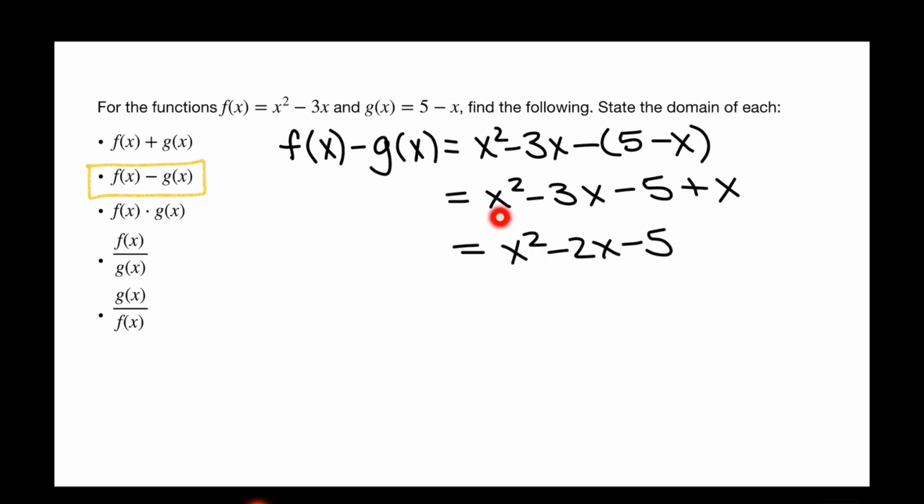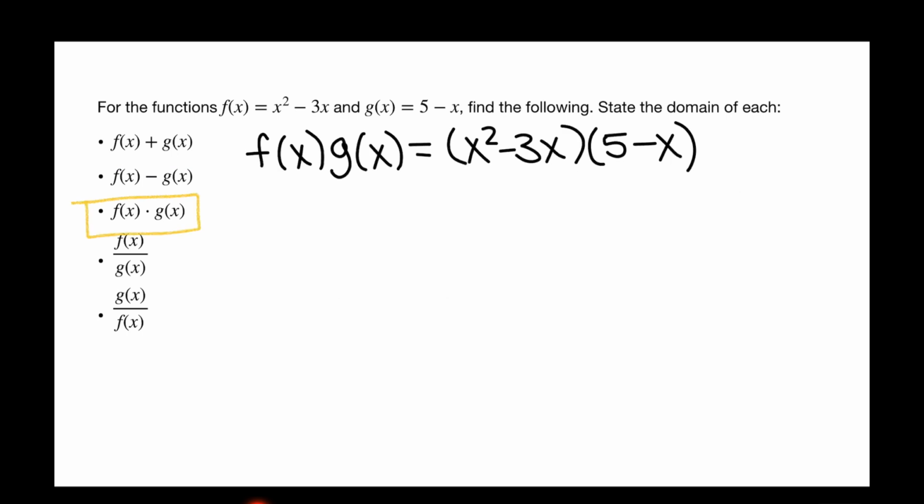So this becomes x squared minus 3x minus 5 plus x. Then we can combine like terms to get our final answer, x squared minus 2x minus 5. Once again, we now have a polynomial, technically a quadratic function, something with an x squared. It has a domain of all real numbers. We can plug anything in for x.